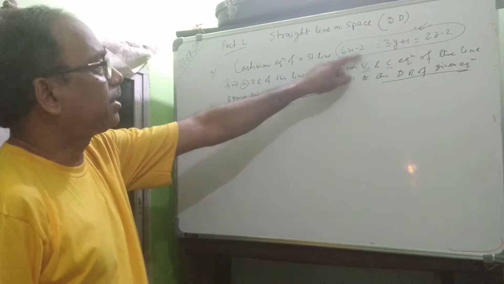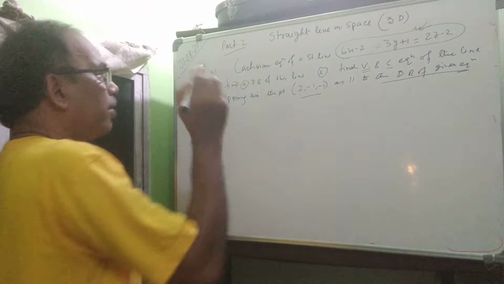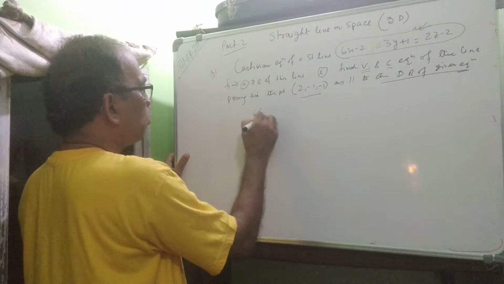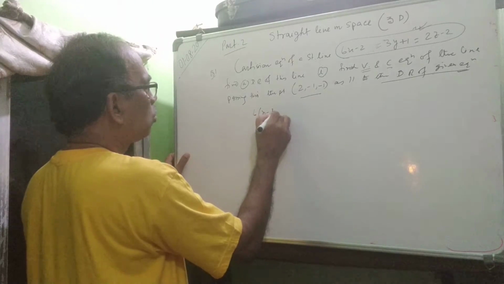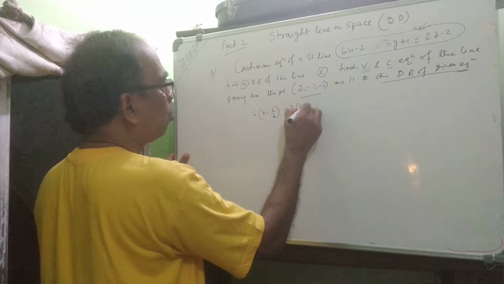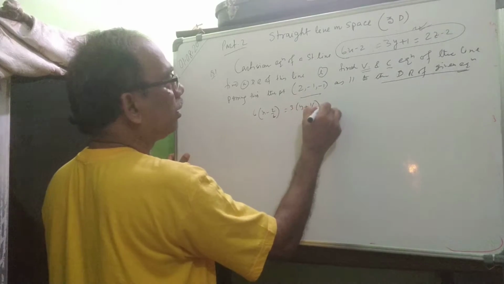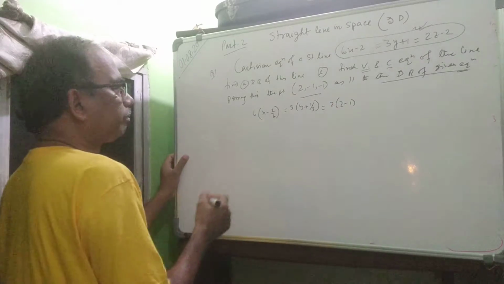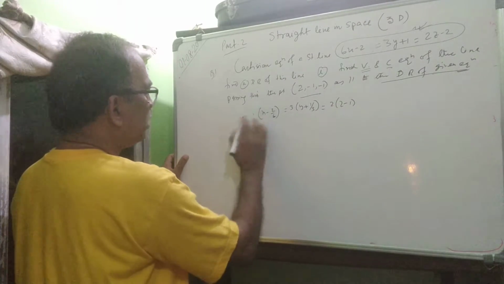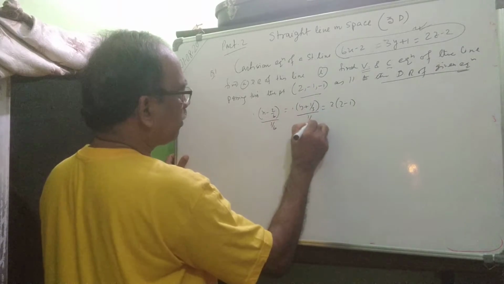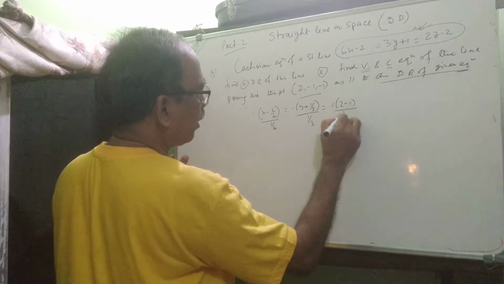The given line can be written with 6 common: (x minus 2) by 6 equals 3 common, (y plus 1) by 3 equals 2 common, (z minus 1). That is, you can write this by 1 by 6, this by 1 by 3, this by 1 by 2.